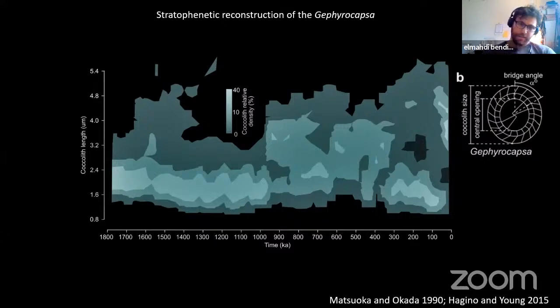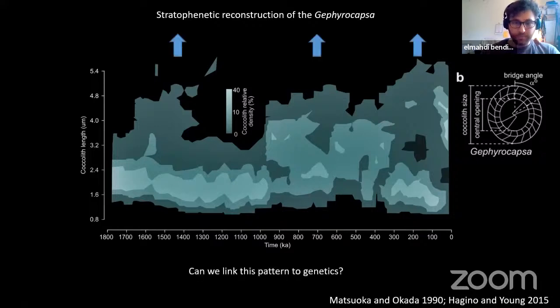If we look at the fossil record of those Gephyrocapsa, and if we apply a stratophenetic approach, we can see another way of looking at the evolution of that group.